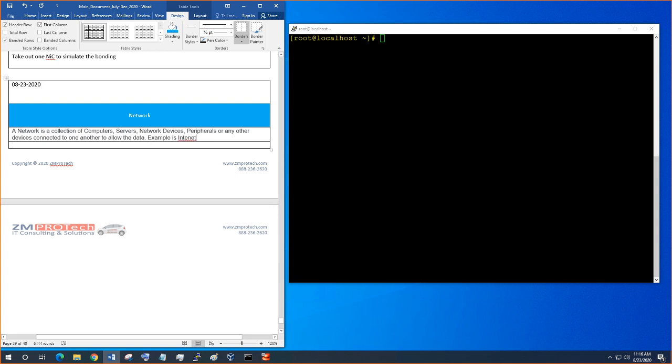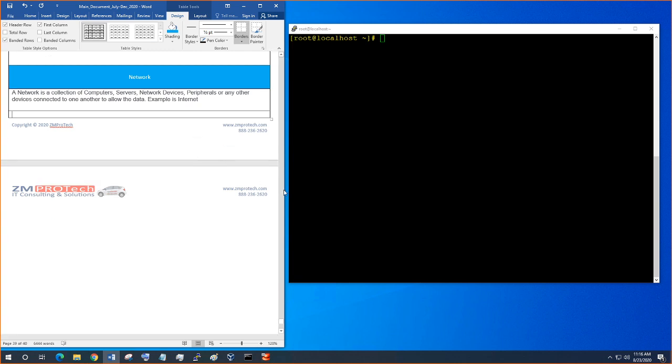So let's see here. For a basic network, you need about four things, the basic network requirements.